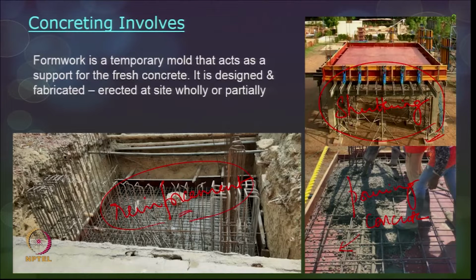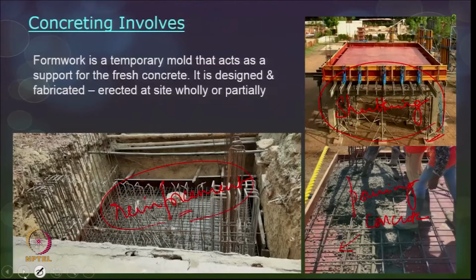What is a form work? Form work is a temporary mold that acts as a support for the fresh concrete. Otherwise, concrete is a flowable material. Unless you give some support and proper shape, you will not get the concrete into a desired shape. So, form work in a simple form acts like a support so that you get the desired shape of the building. There are many ways of concreting form work available these days.